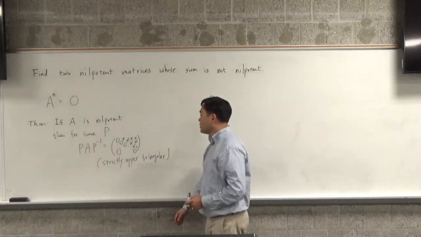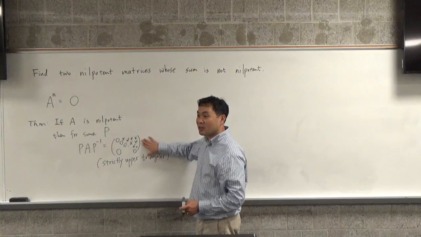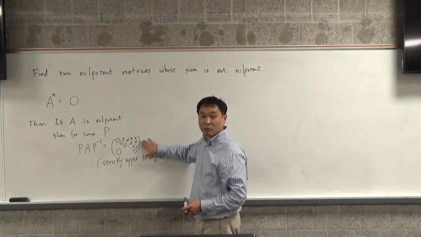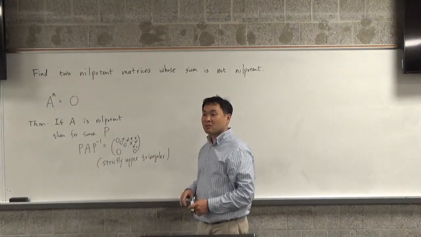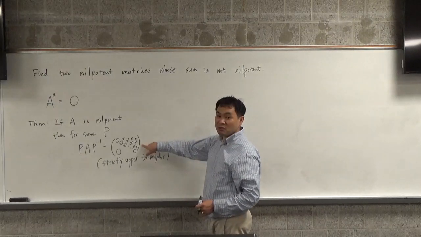Now, if you look at some of these examples and try out what happens to these matrices, then you can kind of see why such a matrix would be nilpotent.